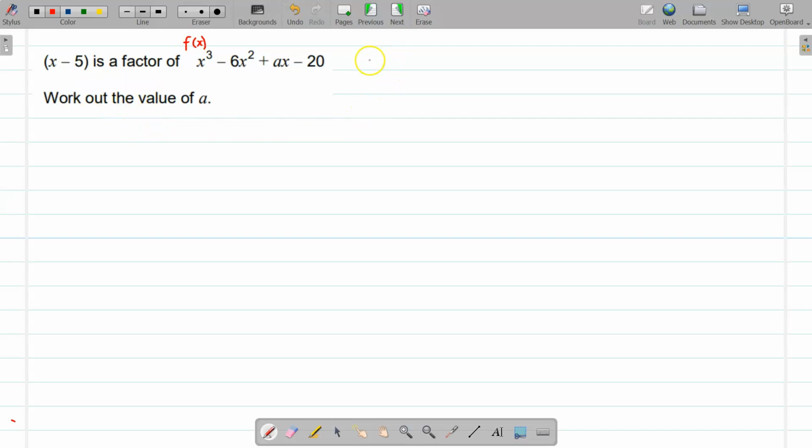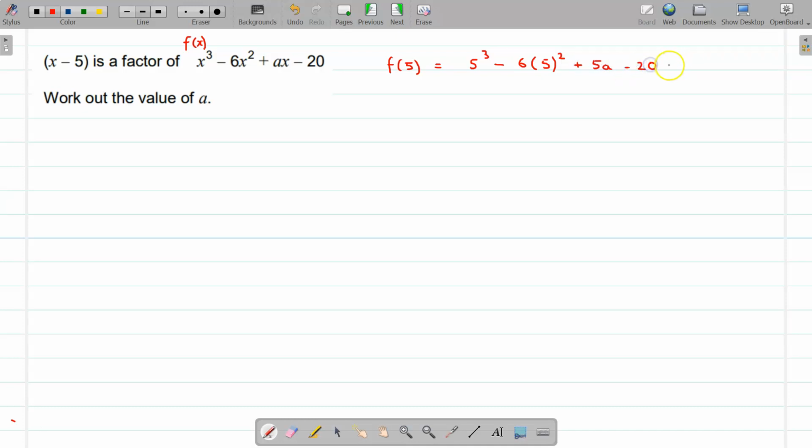Okay, so we just need to see what f of 5 is. So f of 5 is simply going to be 5 cubed, okay, minus 6 times 5 squared, plus 5 times a, okay, and minus 20.